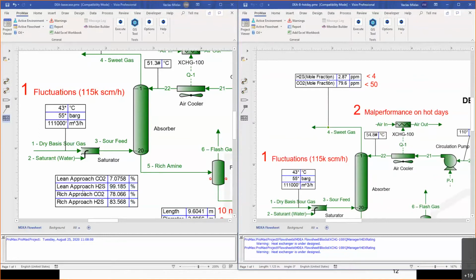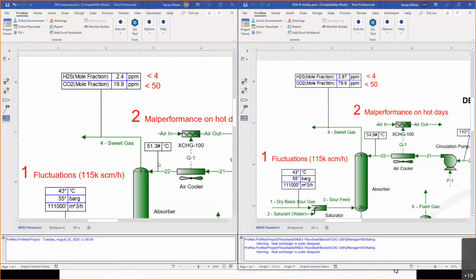That means, in terms of equilibrium, that they are favored at lower temperatures. And if we get to higher temperatures, so lean amine is instead of 51 at 55 degrees Celsius, the equilibrium is so hurt that we are off spec with CO2.